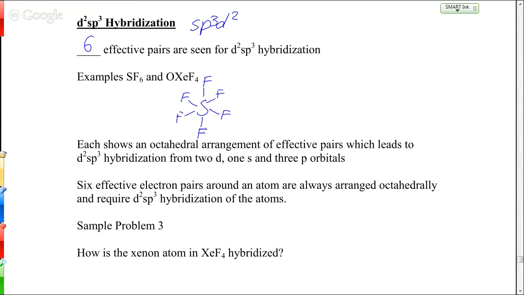Okay. 6 electron groups here. So we need 6 hybrid orbitals.